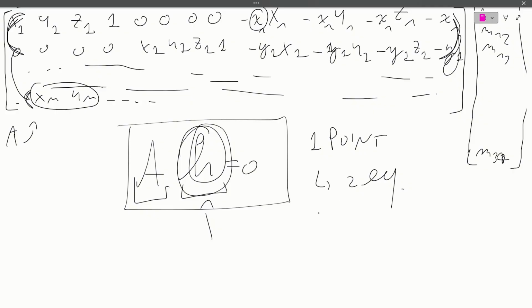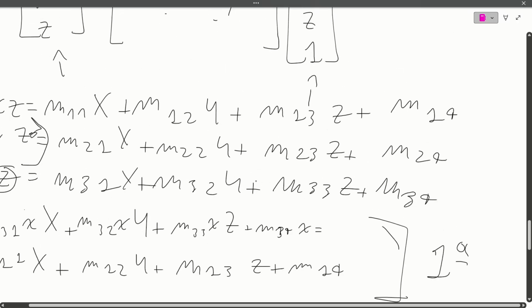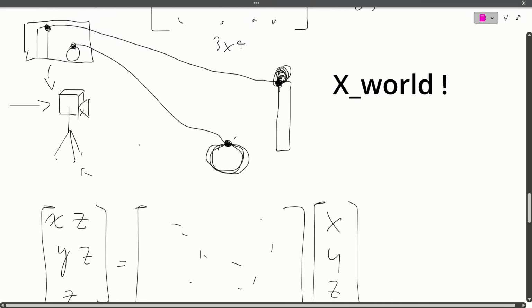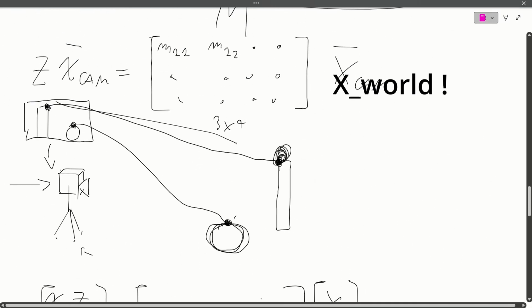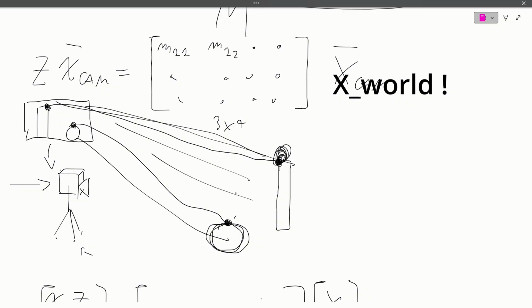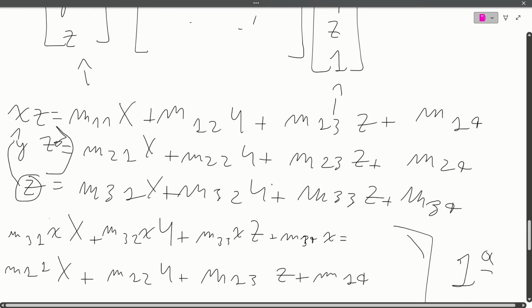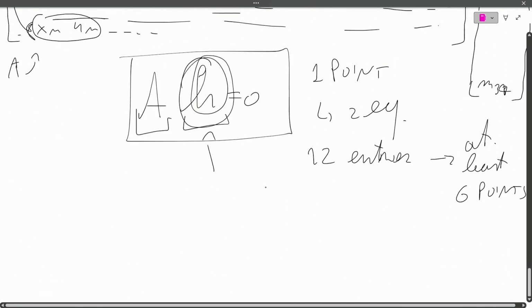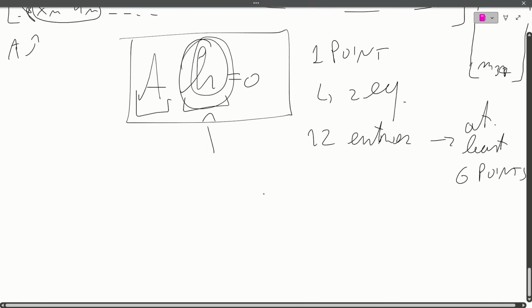Since we have to find 12 entries, we need at least 6 point correspondences: 1, 2, 3, 4, 5, 6. So 6 points in the display and 6 points in the real world.